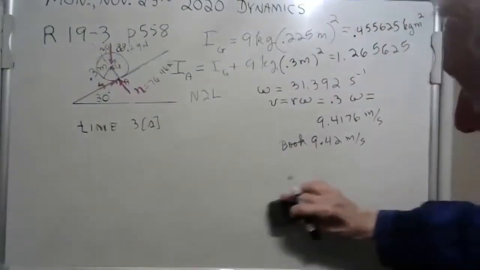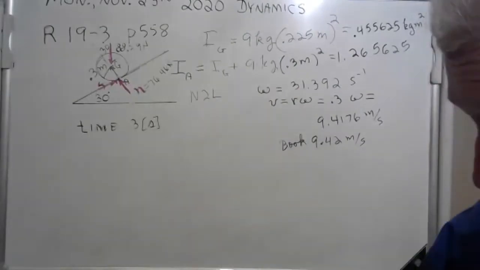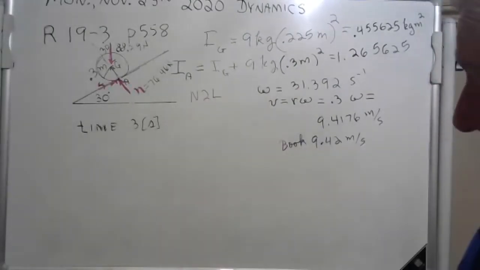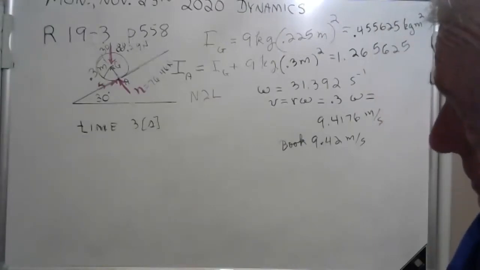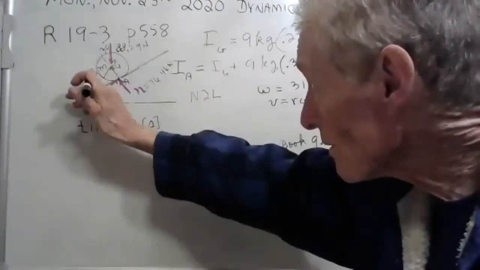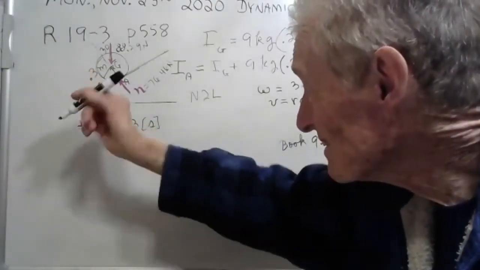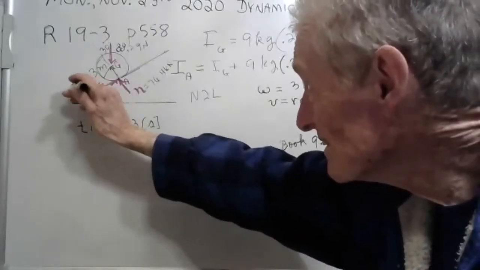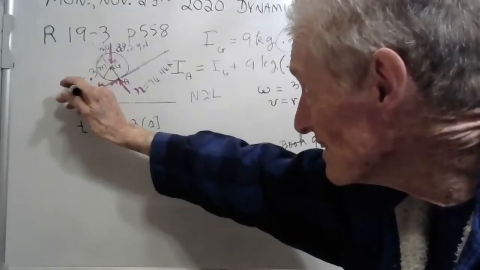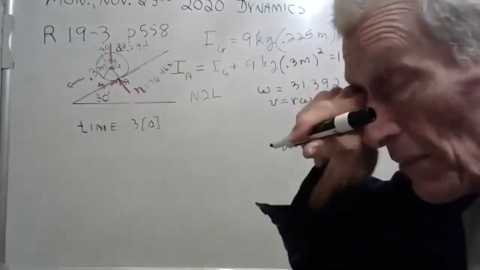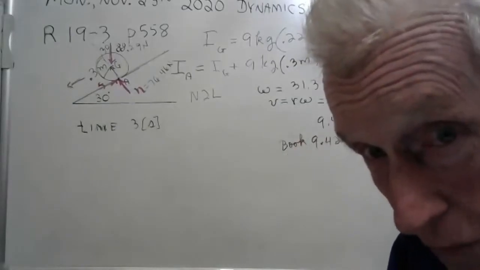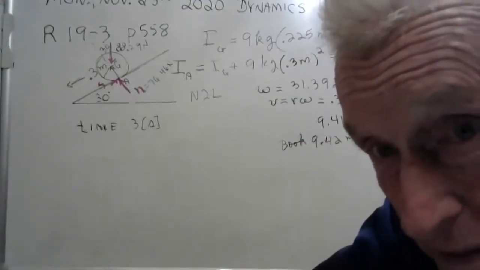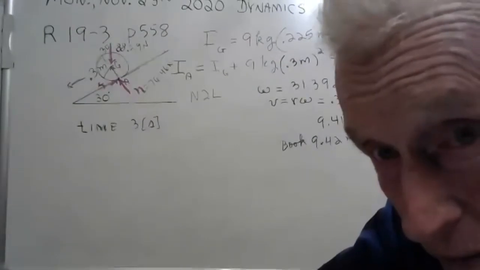If I need a number, you've all got it there. Now what we're going to do is we're going to write Newton's second law. And I think the way I would do it would be going down the hill here. I would just say that's my positive x-axis. You can make your x-axis anywhere you want. It's your problem. So I'm going to go that way with it.